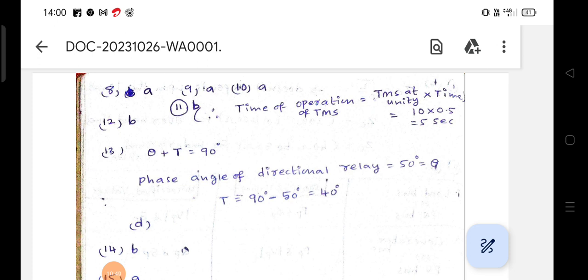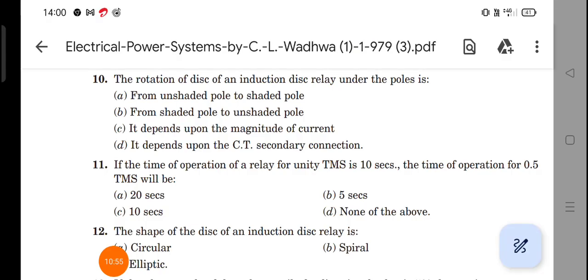That is 10 into 0.5, which is 5 seconds. So the answer is 5 seconds. 11th one answer is 5, B is correct.